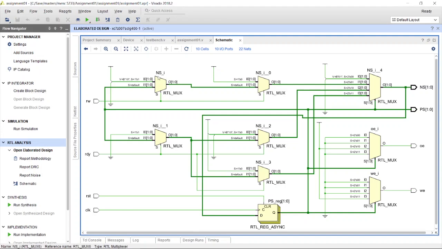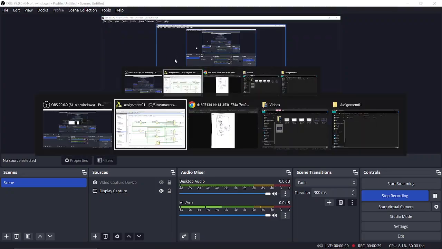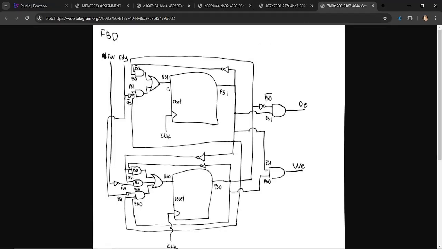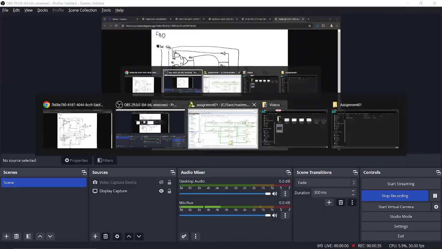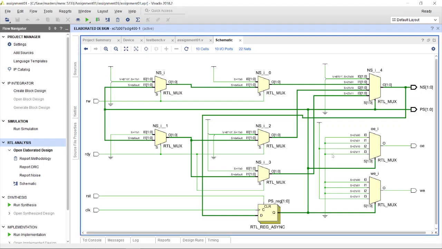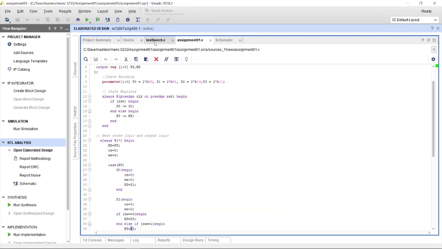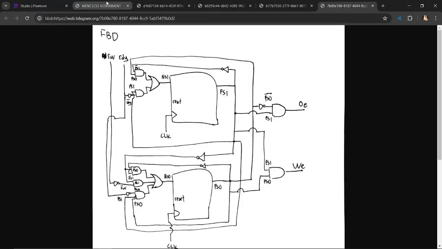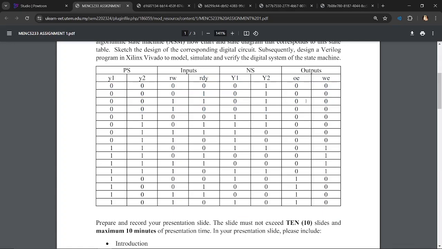They just use a 2-to-1 multiplexer instead of the one that I use, which is a combination of AND and OR gates. They both produce the same result, as we can see from the graph that we produced. It's the same as the table provided here, the output we get.